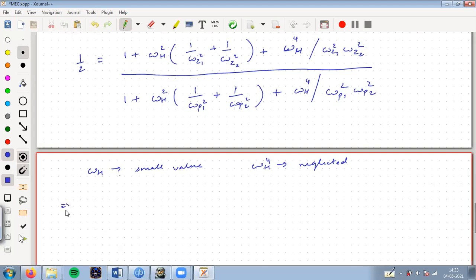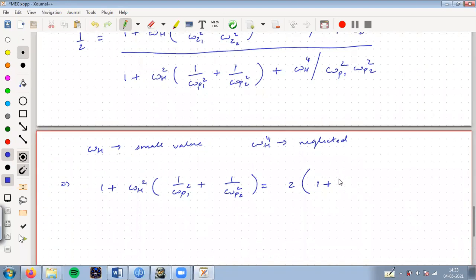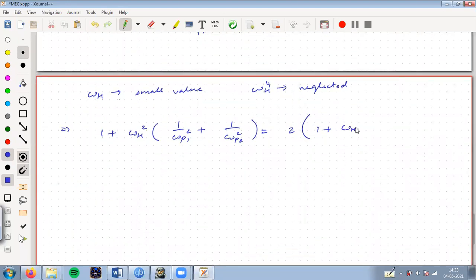It is neglected because it's a smaller value. Then you have 1 plus omega h square into 1 by omega p1 square plus 1 by omega p2 square is equal to twice of 1 plus omega h square into 1 by omega z1 square plus 1 by omega z2 square.